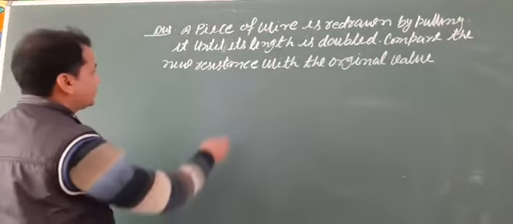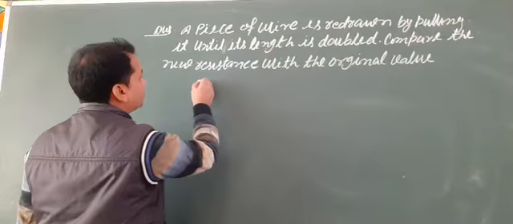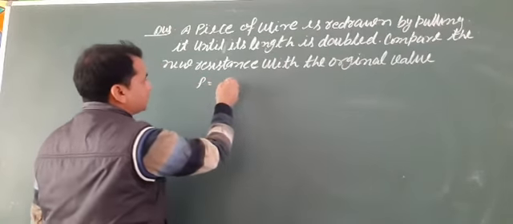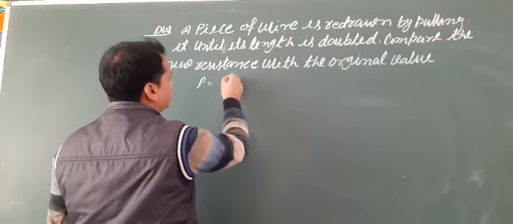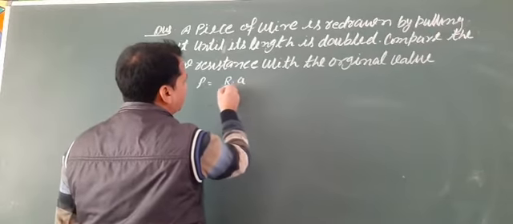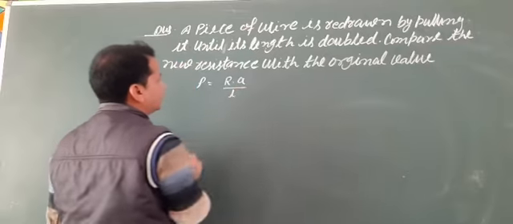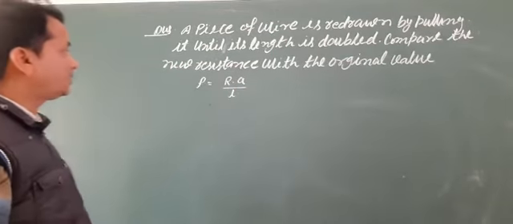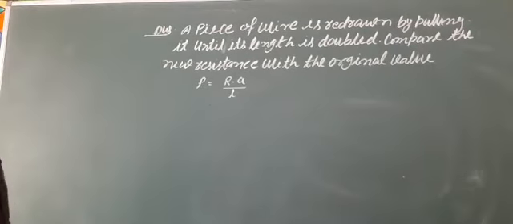So ρ equals R into A by L. Resistivity equals resistance into area of cross section by length of wire.